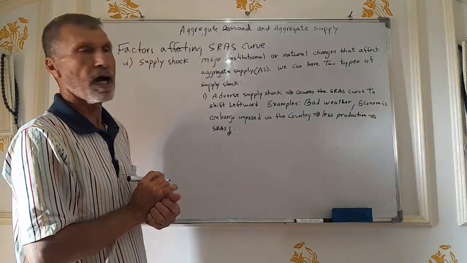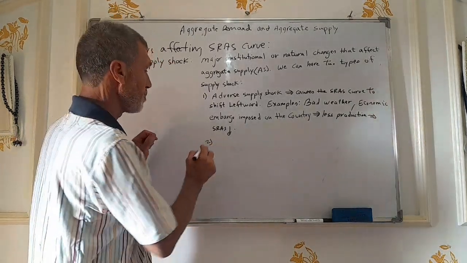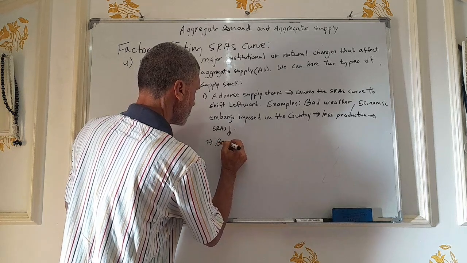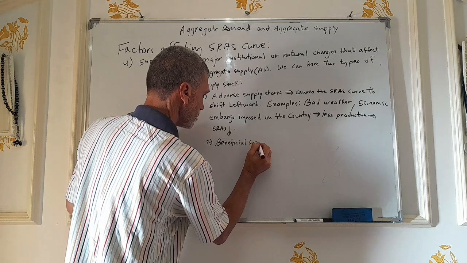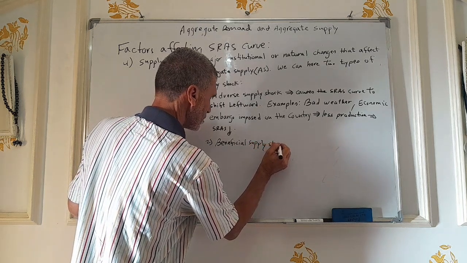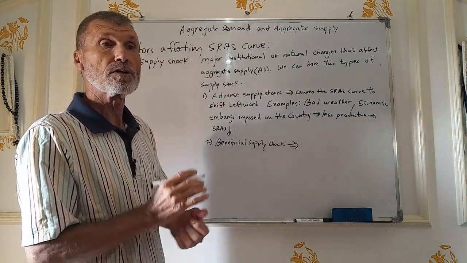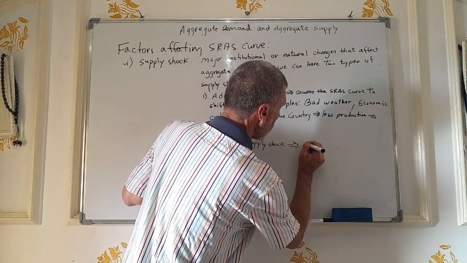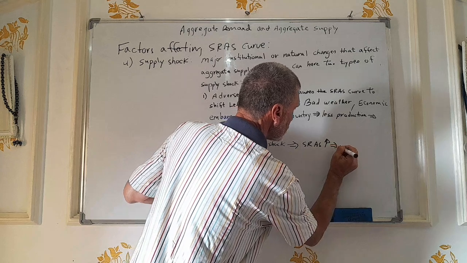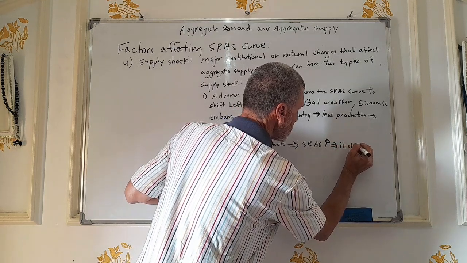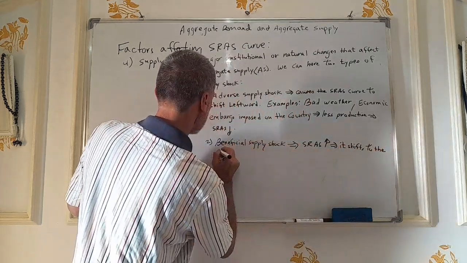Now, what about the other type of supply shock? We're talking about, of course, a beneficial supply shock. A beneficial supply shock causes the short-run aggregate supply to shift to the right. That implies short-run aggregate supply increases, that is, it shifts to the right.